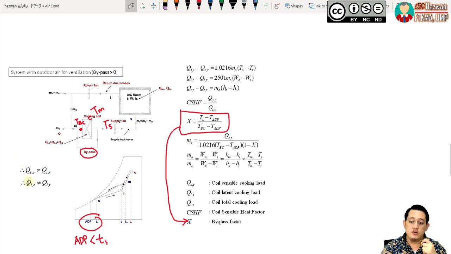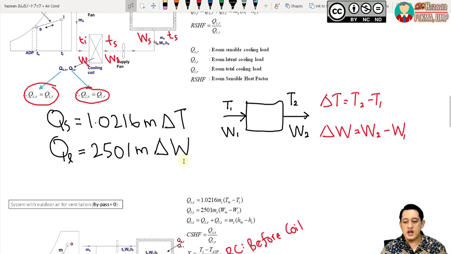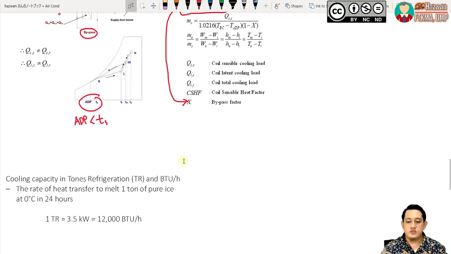Same with the latent heat of the coil, which is not equal to the latent heat of the room. So please make sure to use the basic equations to calculate the sensible heat and the latent heat. For sensible heat, we use this equation, mass flow rate multiplied by the temperature difference. For latent heat, this equation, multiplied by the difference in humidity ratio.